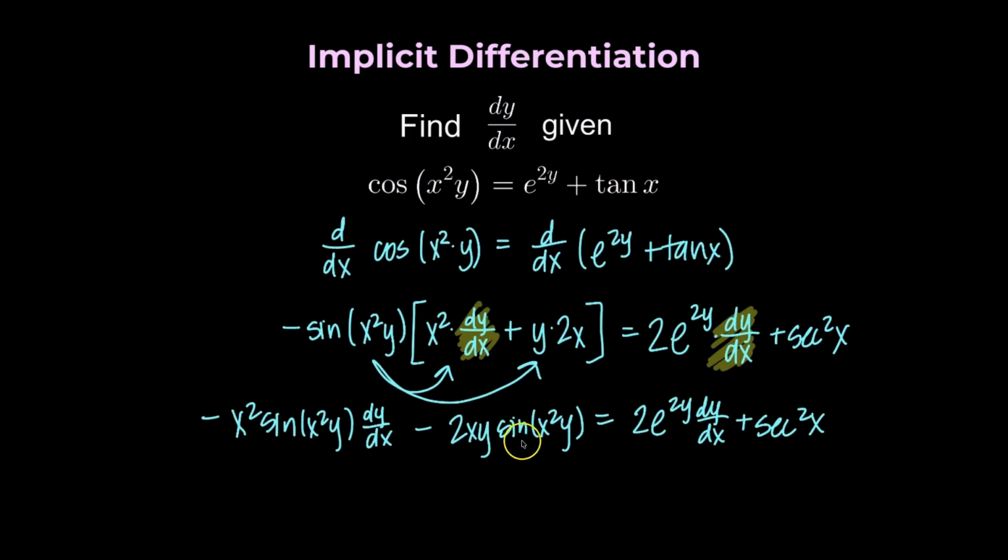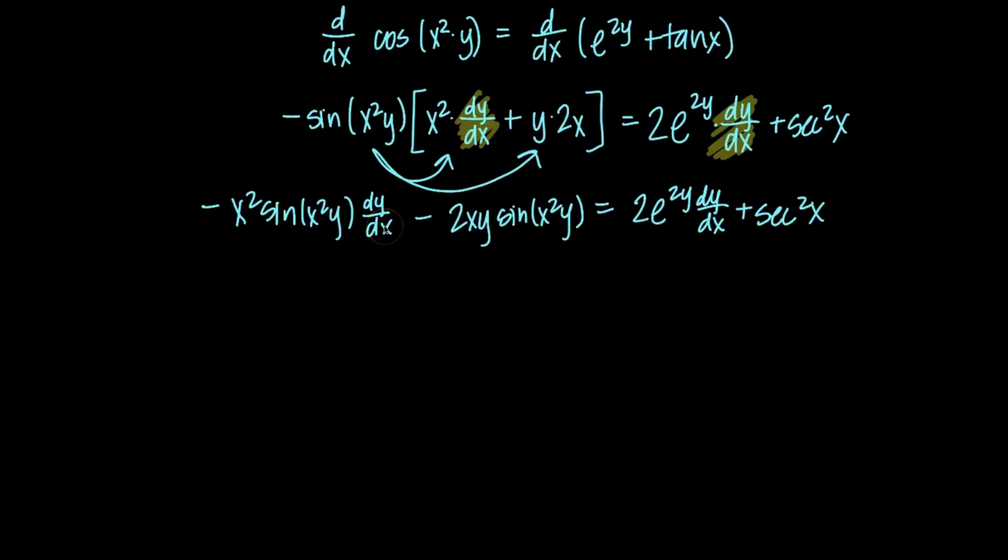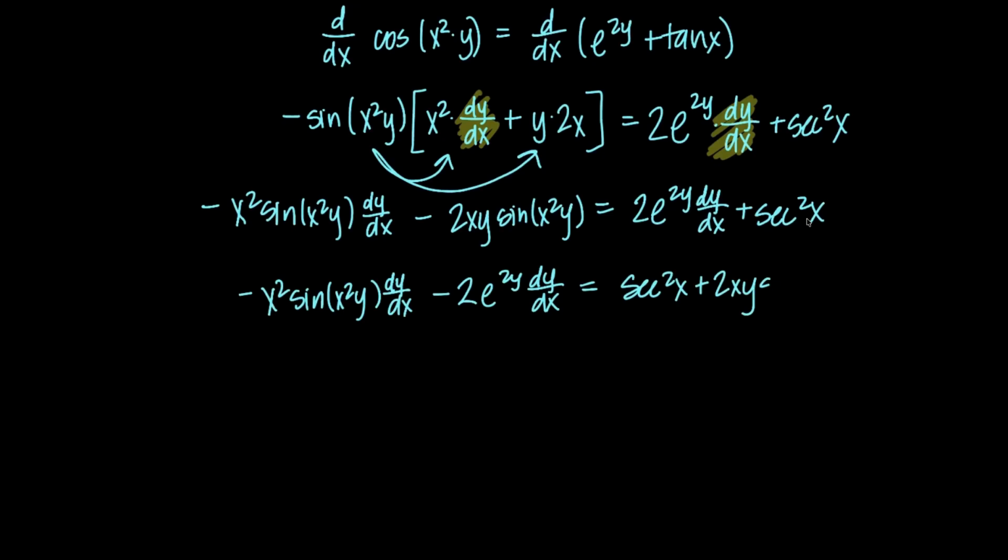And now we're going to combine like terms. We're going to subtract 2e to the 2y dy/dx to the left, and we'll add the second term over here to the right after making some more space. All right, so I have negative x squared sine of x squared y dy/dx minus 2e to the 2y dy/dx. And on the right-hand side, I already have secant squared x, and I'm going to add 2xy sine of x squared y.